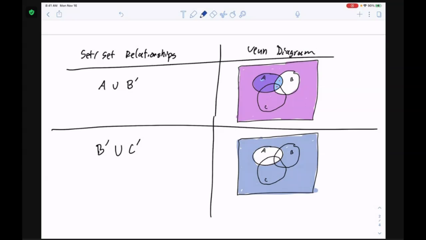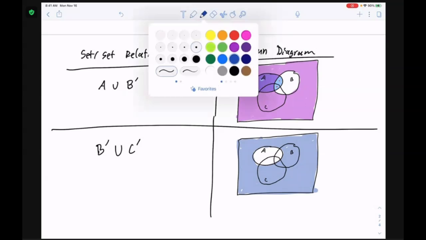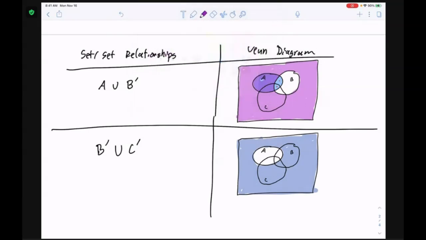And everything outside circle B, everything outside B, right there.